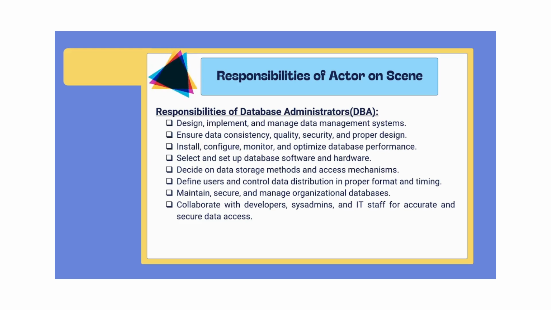He is responsible for designing, implementing, and maintaining the data management system, ensuring data consistency, quality, security, and proper design; installing, configuring, monitoring, and optimizing database performance; selecting and setting up database software and hardware; deciding on data storage methods and access mechanisms; defining users and controlling data distribution in proper format and timing; maintaining, securing, and managing organizational databases; and collaborating with developers, system administrators, and IT staff for accurate and secure data access.